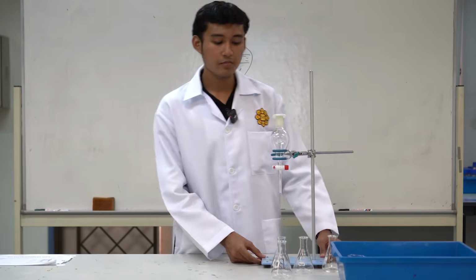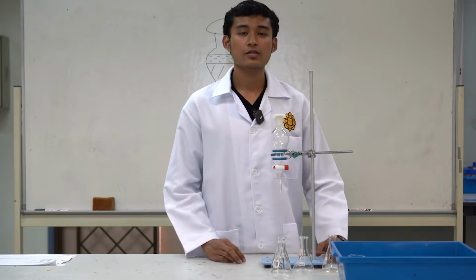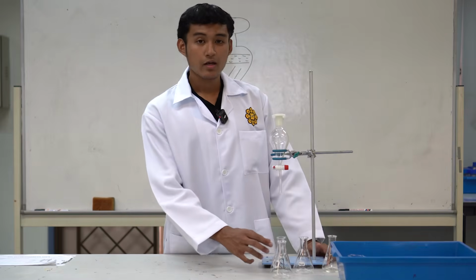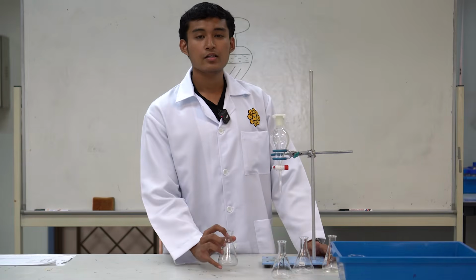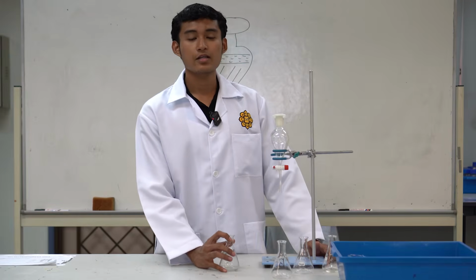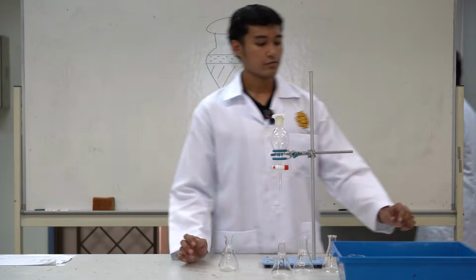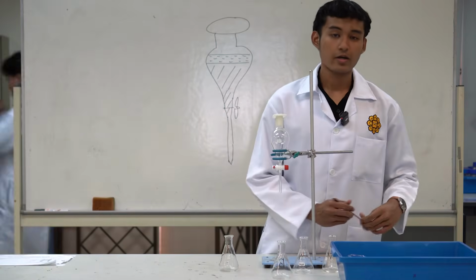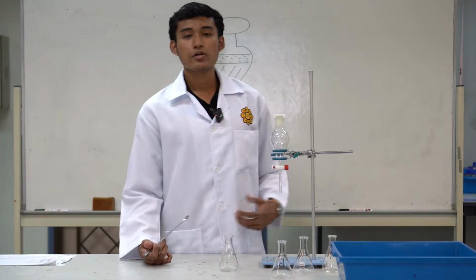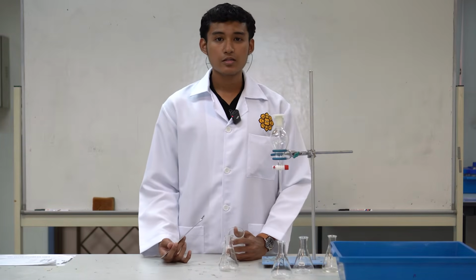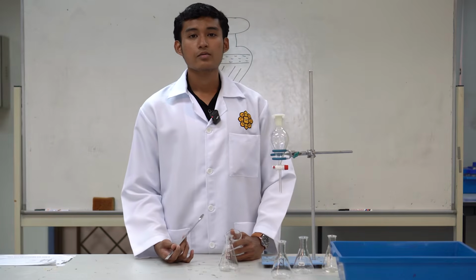Bismillahirrahmanirrahim. I will show all the steps for the liquid extraction experiment by extracting the acid firstly, and then the base, and lastly the neutral part. The very first step is to weigh 0.2 gram of each solid compound: the acid solid, then the base solid, and finally the neutral solid.